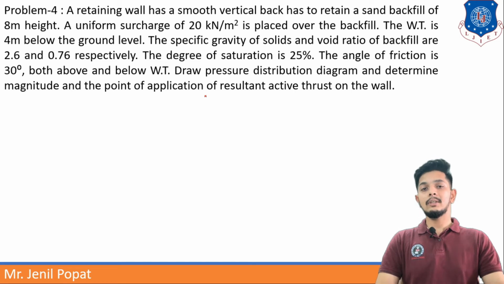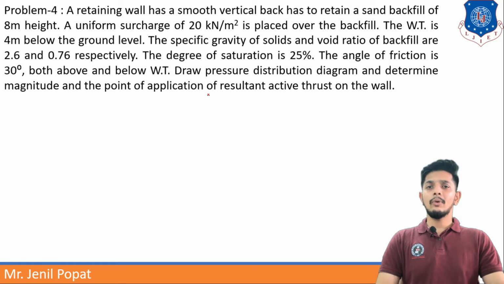The specific gravity and void ratio are given as 2.6 and 0.76. The degree of saturation is also given. The angle of friction is 30 degrees, both above and below the water table. Draw the pressure distribution diagram and determine the magnitude and the point of application of the resultant active thrust.